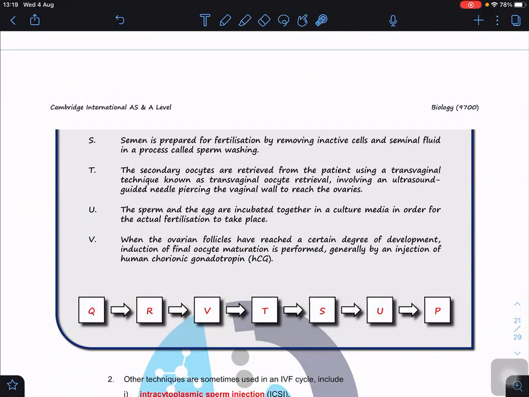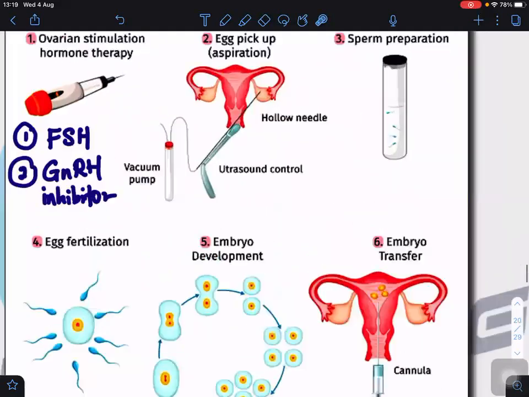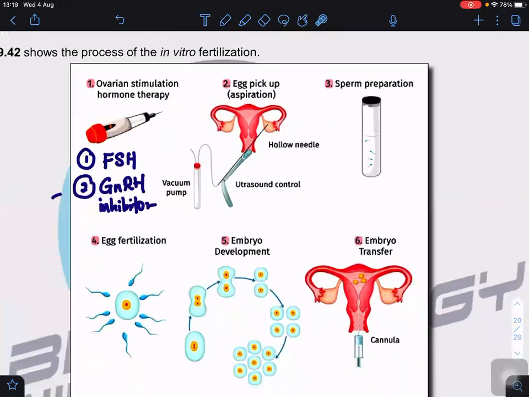So the secondary oocytes are retrieved from the patient using a transvaginal technique known as transvaginal oocyte retrieval, involving an ultrasound-guided needle piercing the vaginal wall to reach the ovary. Can you see that? This is the method. So under sedation, you will be able to put the needle in and then retrieve the secondary oocyte.